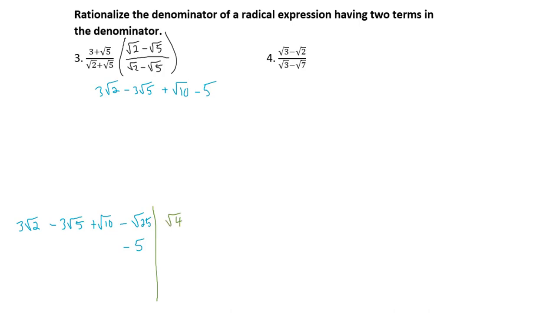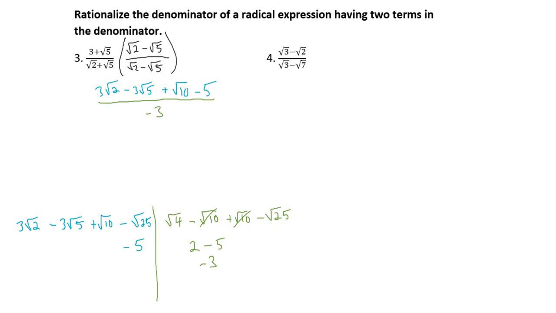And then square root of 2 times the back would give me negative square root of 10. And then square root of 5 times square root of 2 would give me plus square root of 10. And then minus square root of 25. Middles cancel, and we get 2 minus 5, which is a negative 3. So I can put all of this over a negative 3.